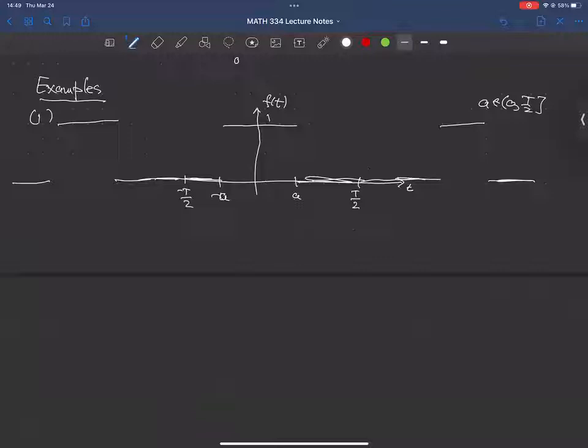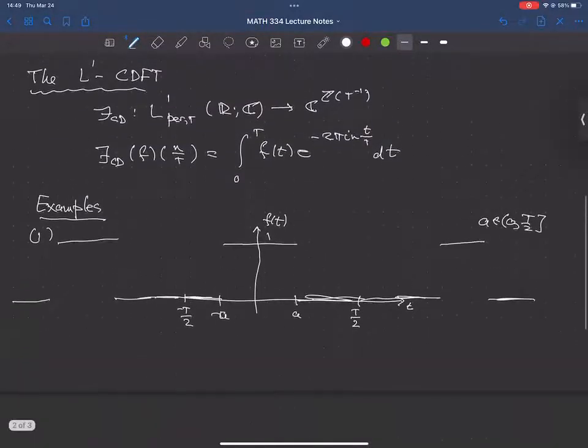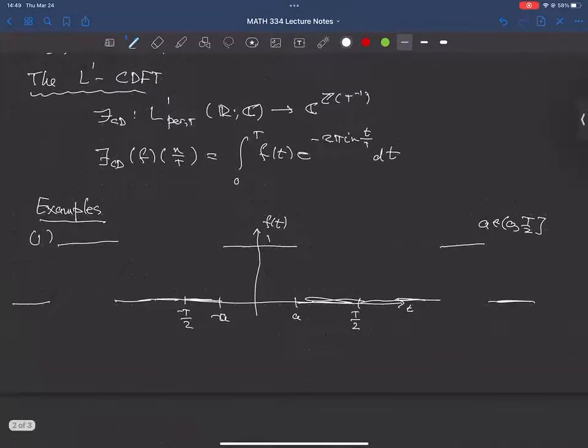Okay, so let's think about calculating the CDFT. It's not a hard computation, but I'm still not going to do it in detail because it's so easy in this case. First, let's think about the case where n is equal to 0, because very often in these transform computations, n equals 0 arises as a special case.